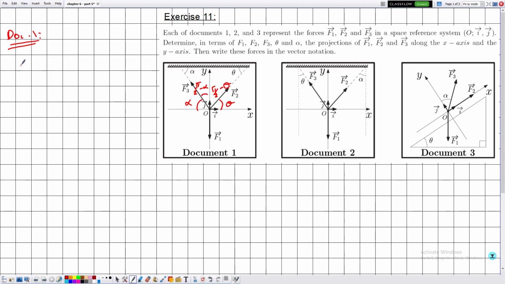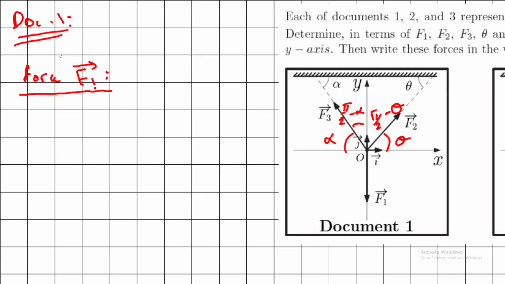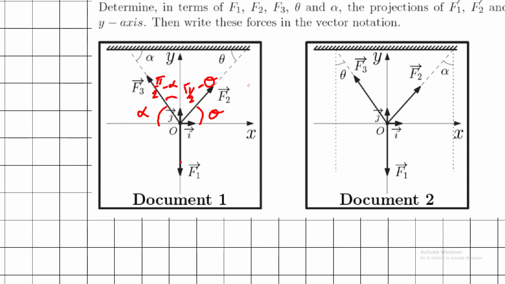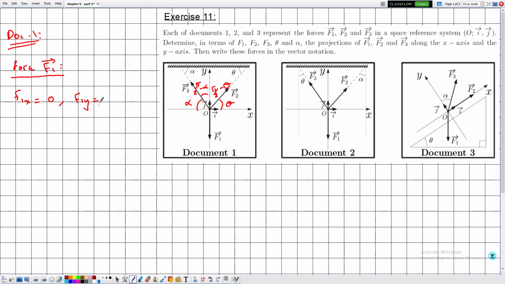So let's start with the force F1. The force F1 has two components, the x component and the y component. As for the x component, notice that in this case F1 is completely parallel to the y-axis, so F1x is 0. And F1y: notice that F1 is pointing in the negative direction of the y-axis, so no need to project, this is simply minus F1.